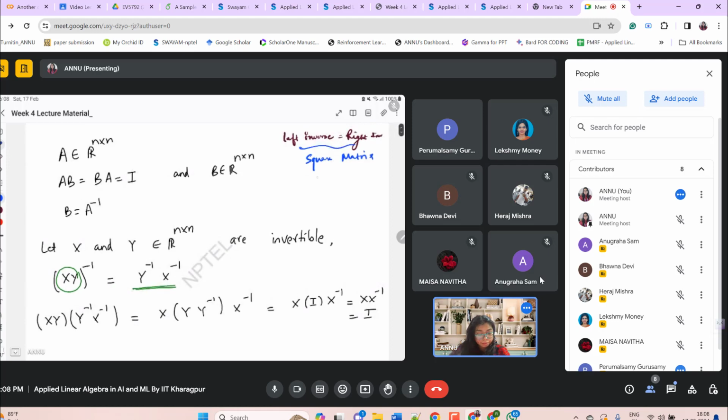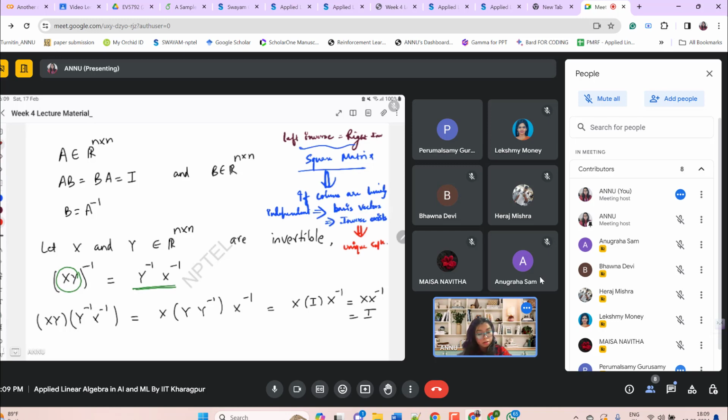Then we saw that if the columns are linearly independent, what does this imply? The columns will act as basis vectors, it implies the inverse exists. Also, one more very important thing: this implies there will be a unique solution.